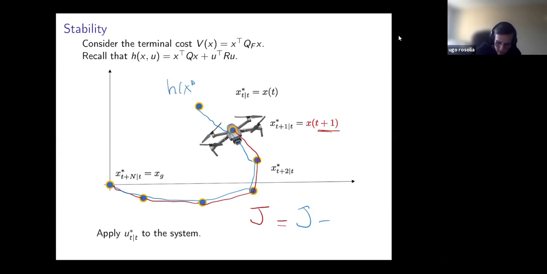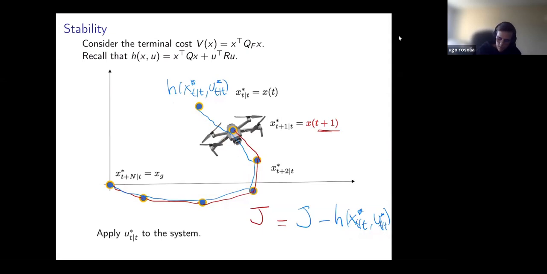So this was the stage cost at x_{t|t}, u_{t|t}. And this relationship is true because once we reach the origin, our cost is equal to 0. So the cost associated with the plan in red here is equal to the cost associated with the plan in blue minus the stage cost. And so now, any questions about this?